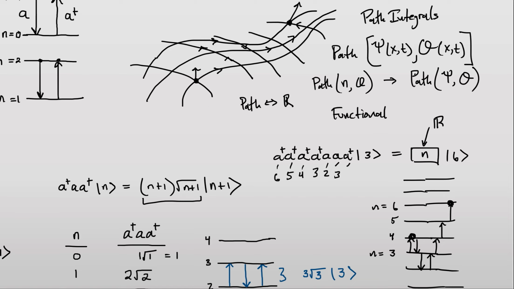This is a function of functions. A function, and its argument is a set of functions, right? So depending on what the set of functions are, we can get a functional.